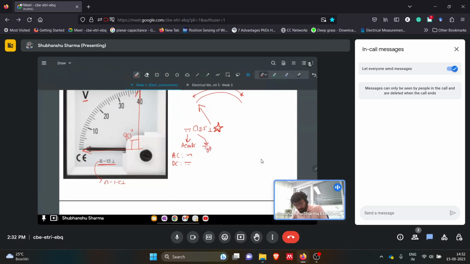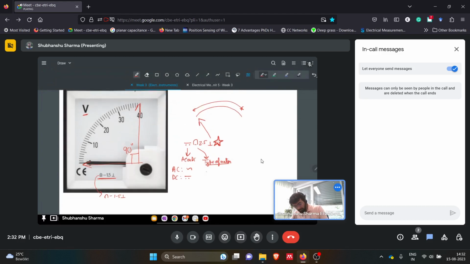For this symbol, it means this is a PMMC meter. It is shown by a horseshoe-shaped magnet, a permanent magnet and a moving coil.